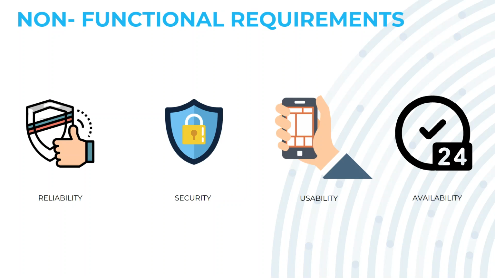Now let's have a look at the non-functional requirements. Non-functional requirements specifies how a system is supposed to be. The non-functional requirements of our project are as shown. First one is reliability. That means the application should be reliable in providing 24/7 uninterrupted service. Blind Assistant app allows the user to detect objects at any time. Next one is security.